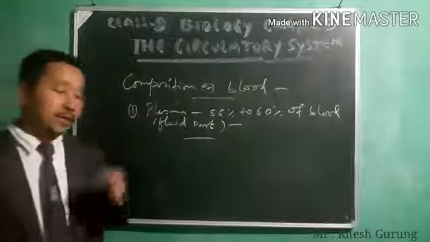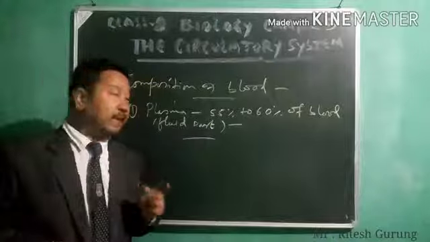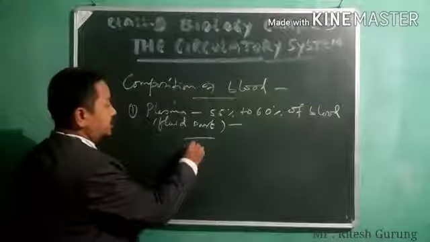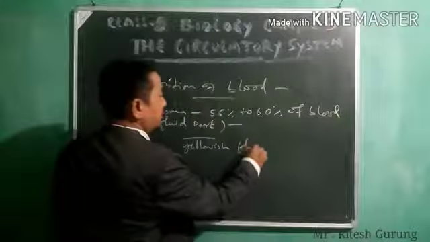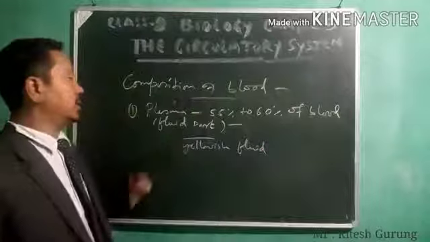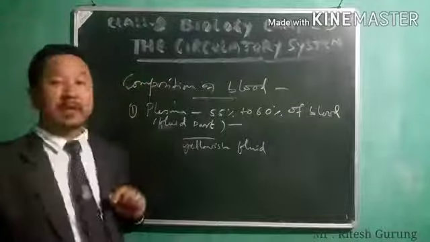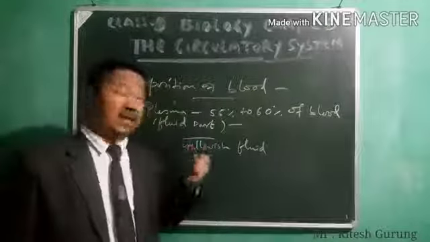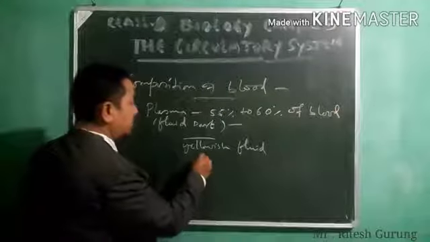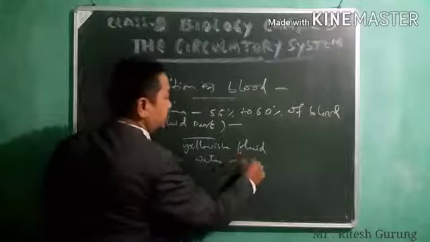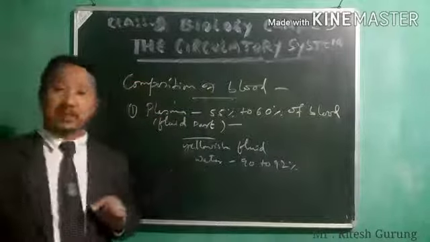Your plasma is a pale yellow or yellowish fluid part of the blood, composed of many things. It is composed of water, about 92%. You find water in the composition of plasma.